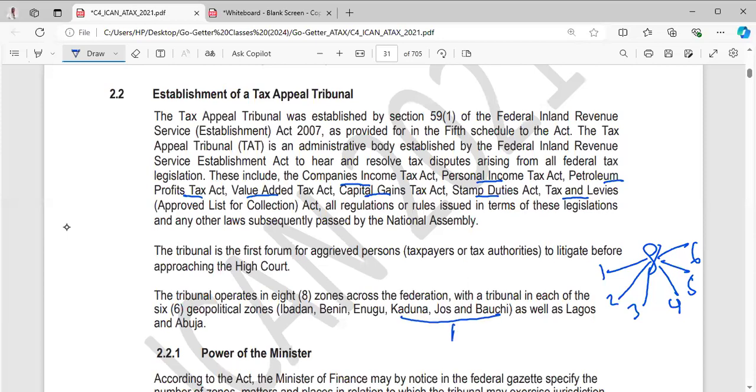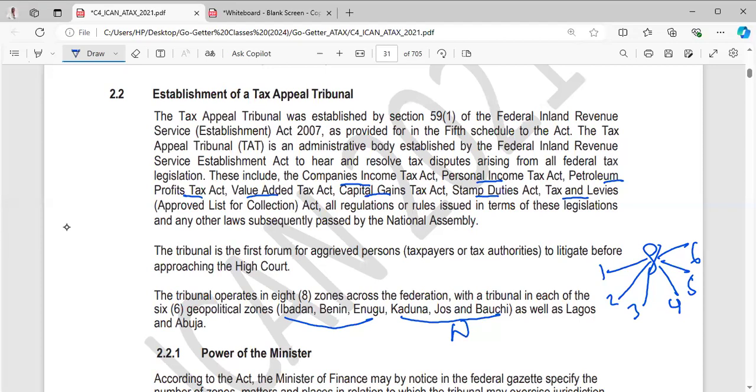Then for the south, the southwest is in Ibadan, the southeast is in Enugu, then the south-south in Benin. Then we have 2 standalone.